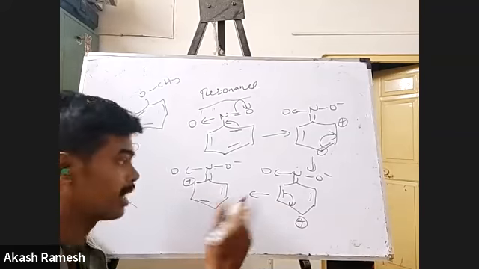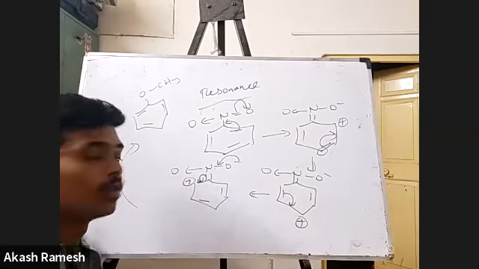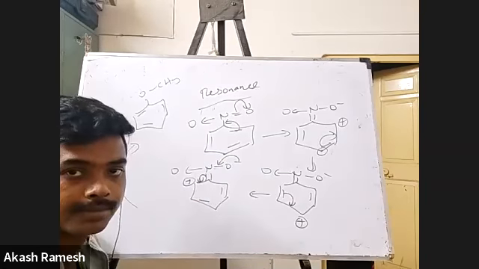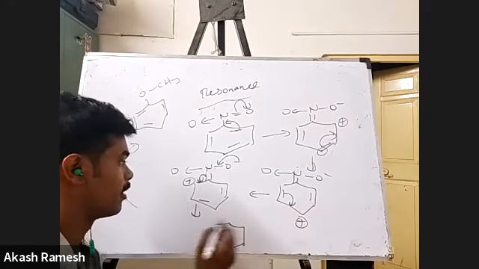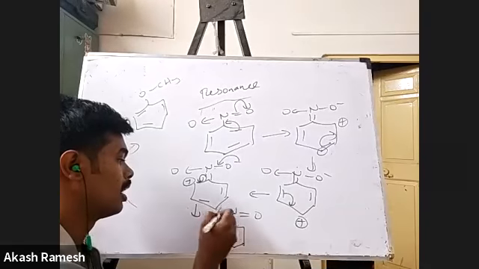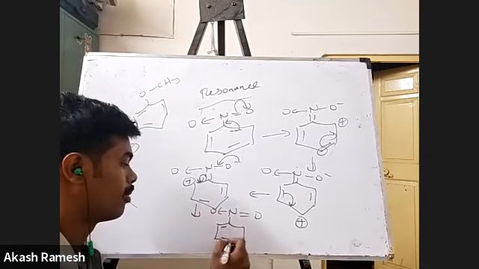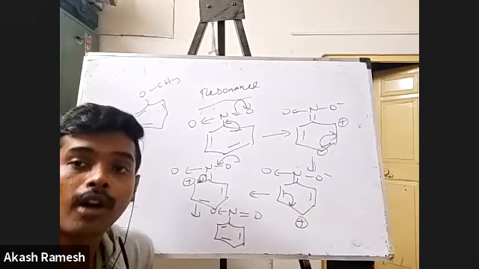The last step would be this will come here and this bond can go here. Correct, right? So at last, I will have a single bond here, a double bond to O, and a bond here and a bond here. So these are all the resonance structures for nitrobenzene.